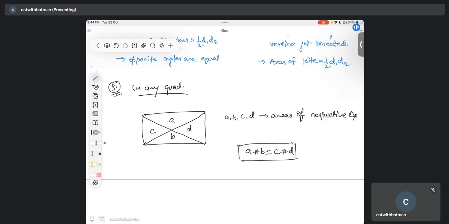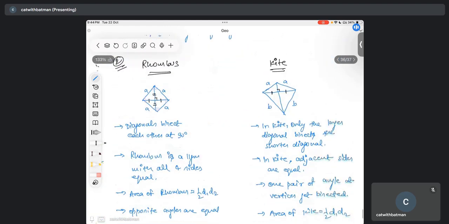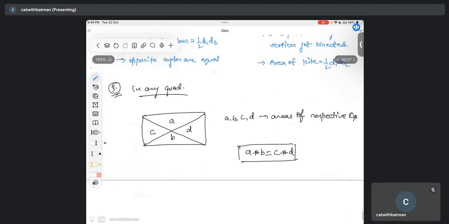If you have any question, any doubt, let me know. In rhombus and kite, or in this particular area formula that we just got, the opposite triangles that you can see, their multiplication will be equal.